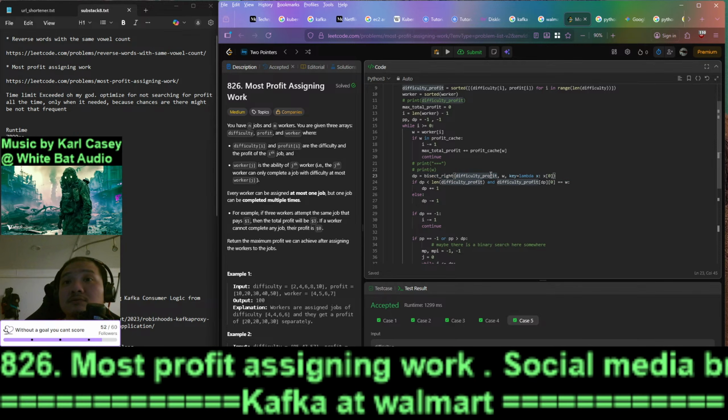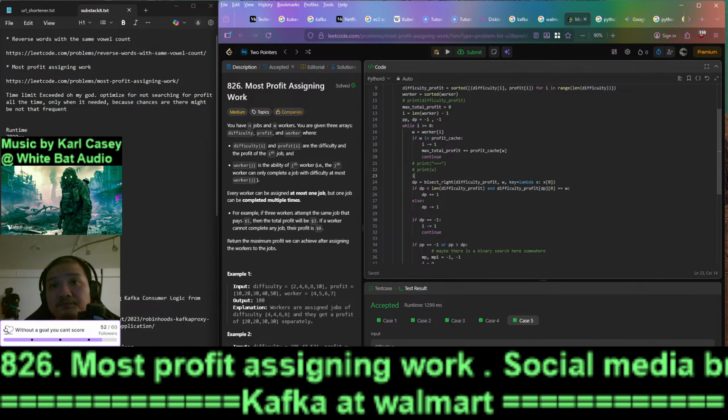So basically one of the things we can do here is if DP is not equal to, if they're asking for the same W, you have cache here, right?